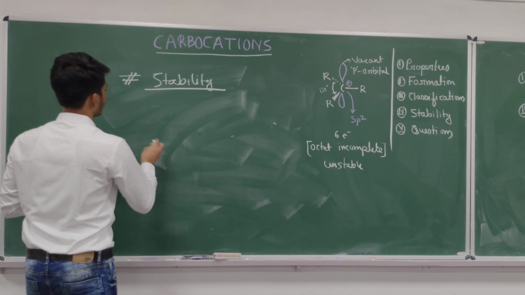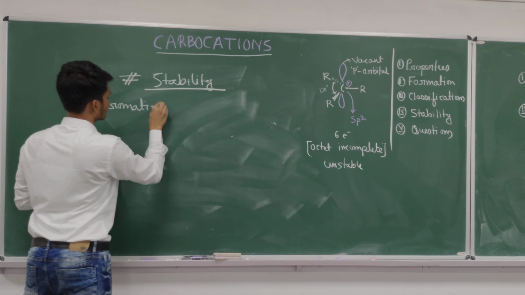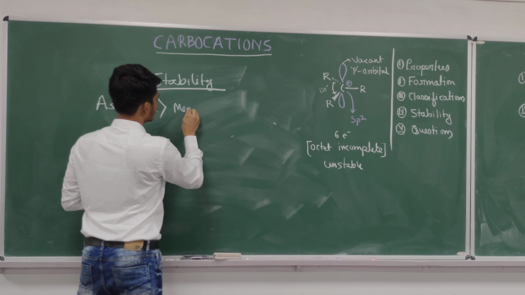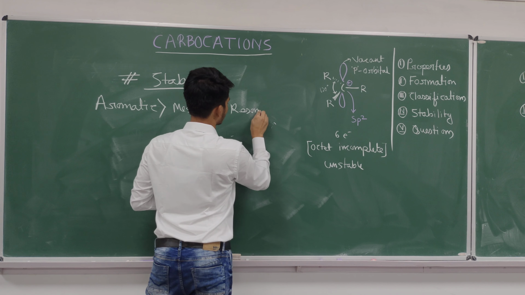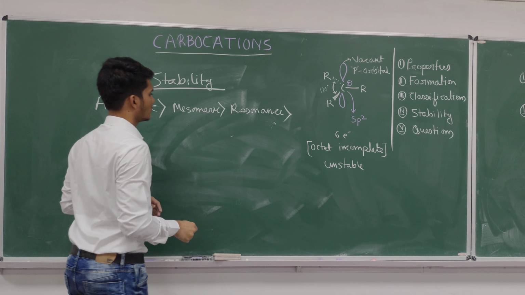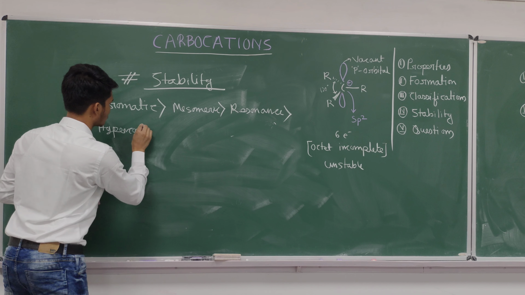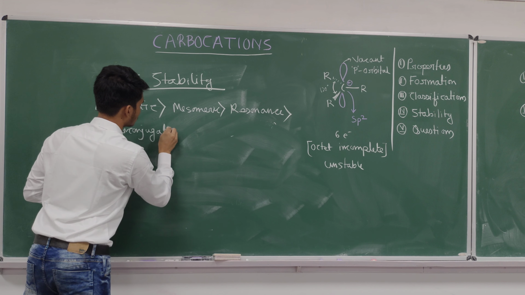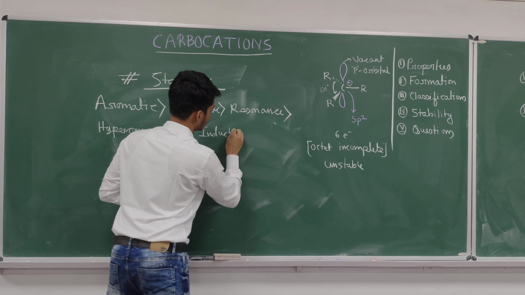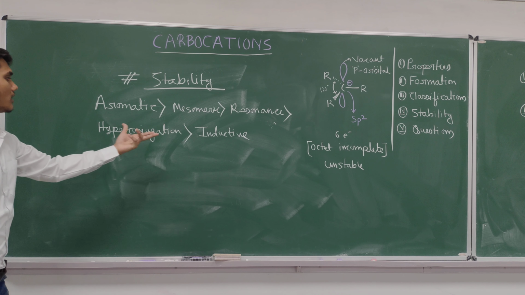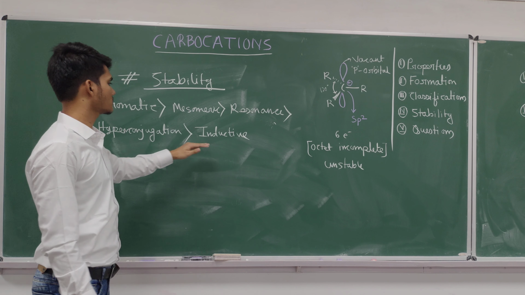The order of those electronic effects is: first aromatic, then mesomeric, then resonance, then hyperconjugation, and the last one is inductive effect. So these are the electronic effects that define the stability of carbocation. First aromatic, then mesomeric, resonance, hyperconjugation, and inductive effect.